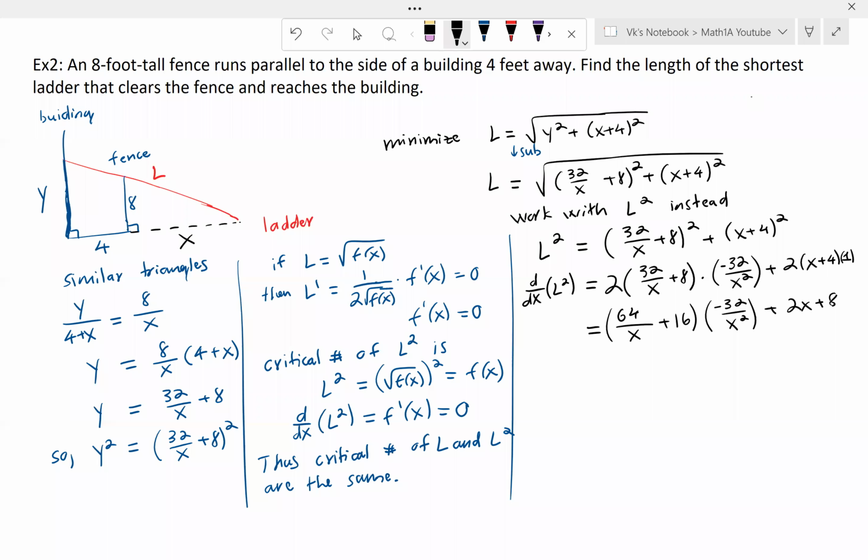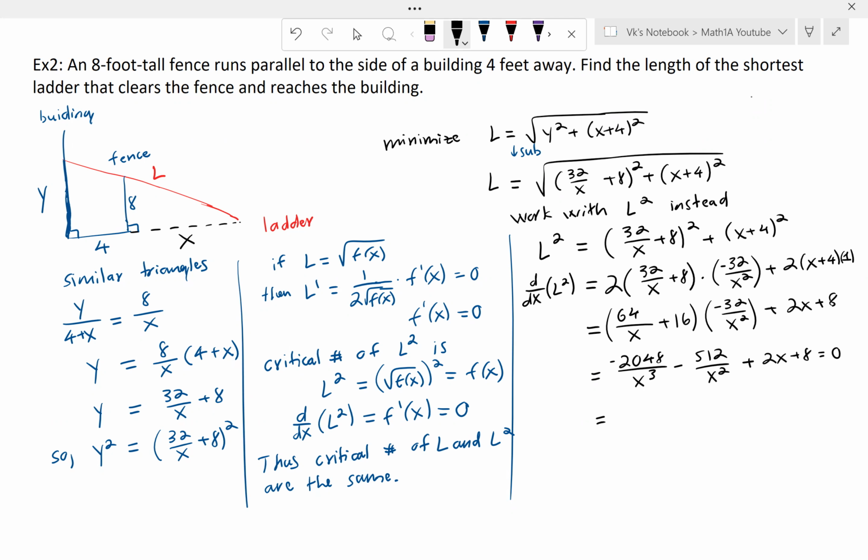Let's distribute negative 32 over x squared. So I have negative 2048 over x cubed minus 512 over x squared plus 2x plus 8, and we're going to set it equal to 0 to solve for x.